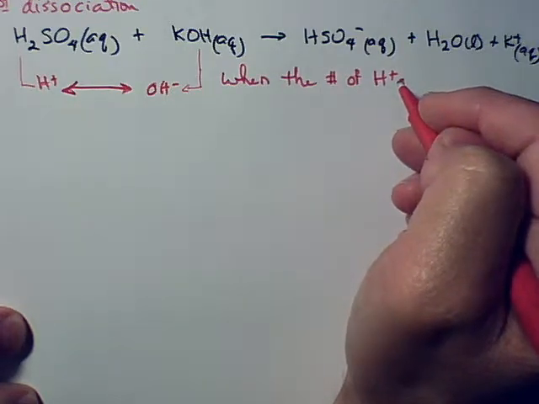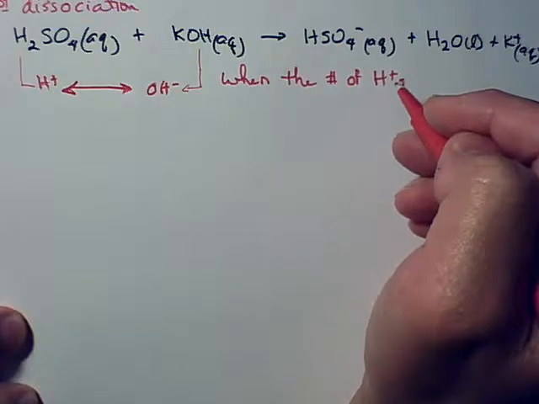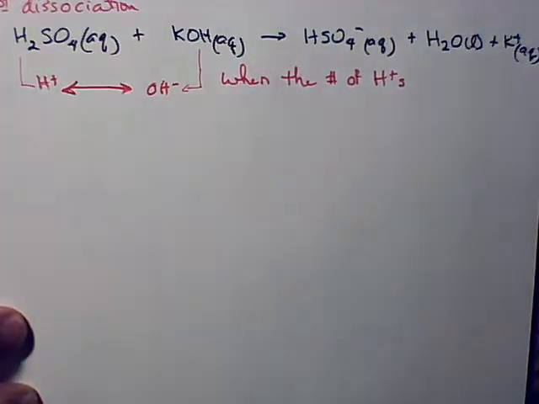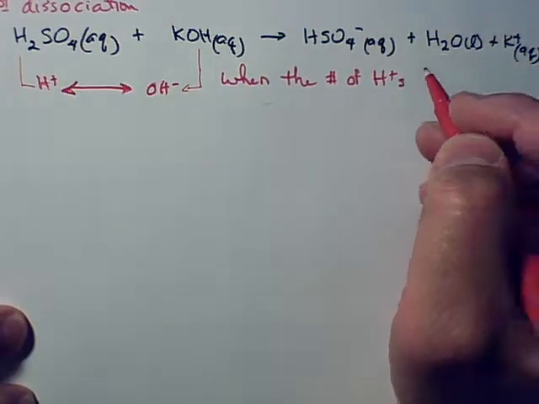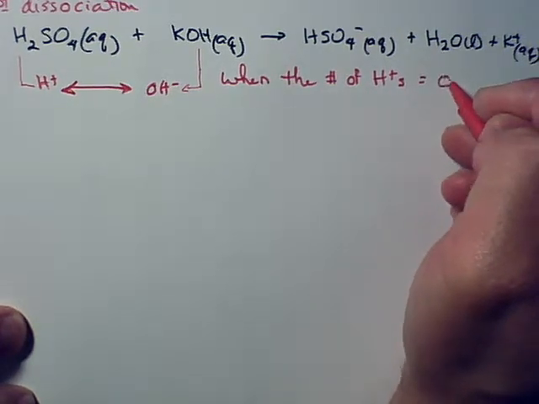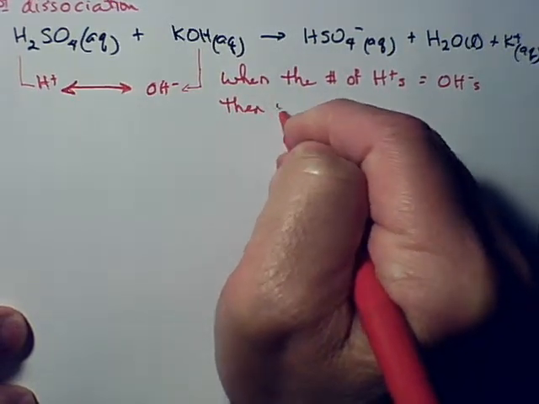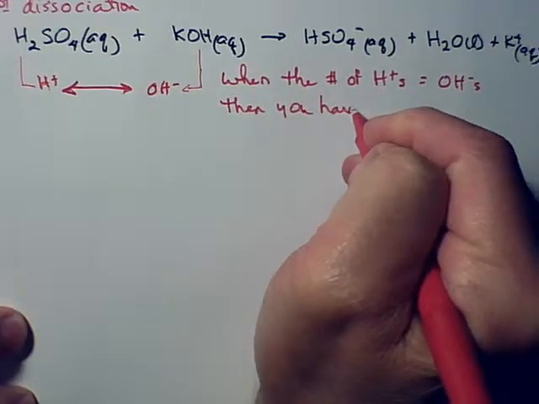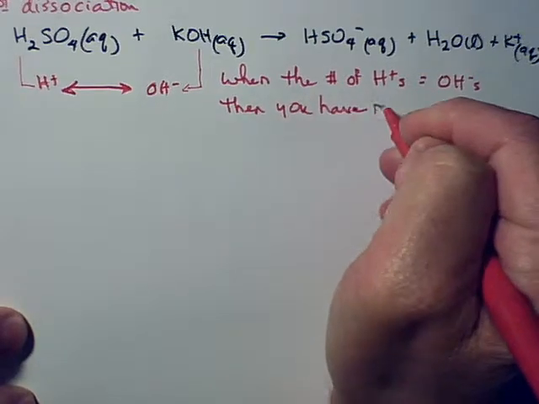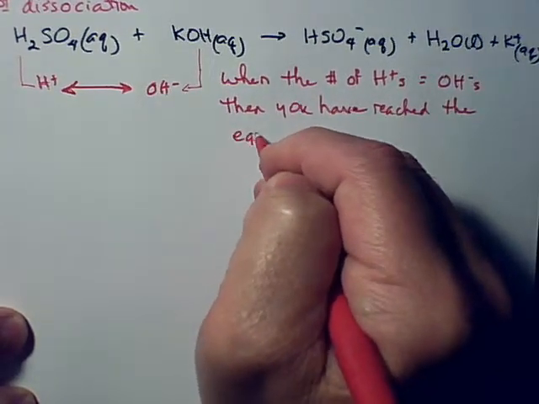Like if you added H2SO4 and then added the KOH, would you get the same thing? The equation is going to come out to be the same, roughly. Depends on what you're trying to illustrate. When the number of hydrogen ions or protons is equal to the number of hydroxide ions, then you have reached the equivalence point.